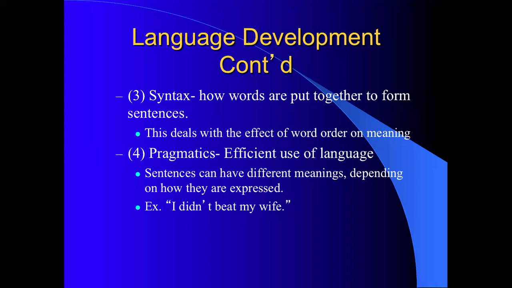Now, there is another piece of pragmatic language which is important, which are our nonverbals. We understand the meaning of what people are saying to us by other things, by facial expressions, by body language, and so forth. So part of language is our nonverbals.